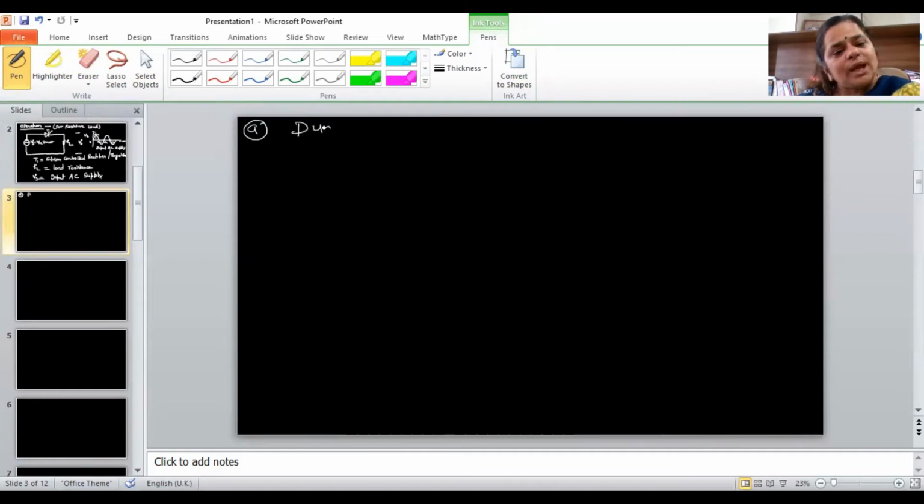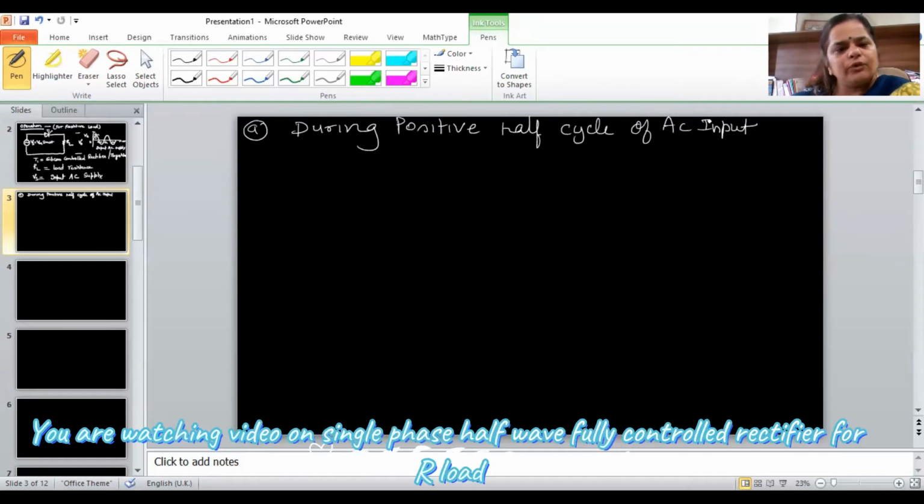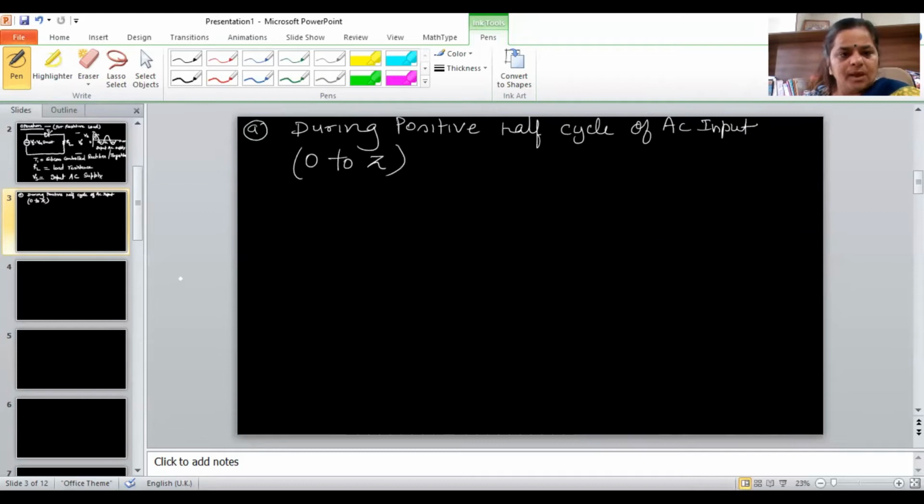One is during the positive half cycle of the AC input, which exists between 0 to pi. Now, as all of you are aware of the basic operation of an SCR, only making the SCR forward bias is not a guarantee that it will conduct, because when it is forward bias, its middle junction is reverse bias.